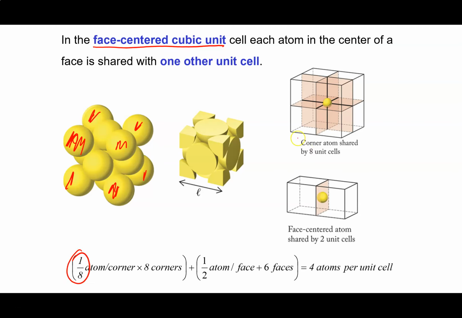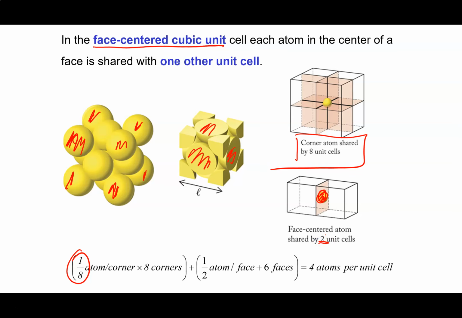That is, they are shared with 8 other unit cells. Now we have to think about the ones that are in the middle of every face. An atom that is in the middle of a face is shared between 2 unit cells. When those 2 unit cells touch, the atom centered in the middle of the face will be shared by the 2 unit cells.